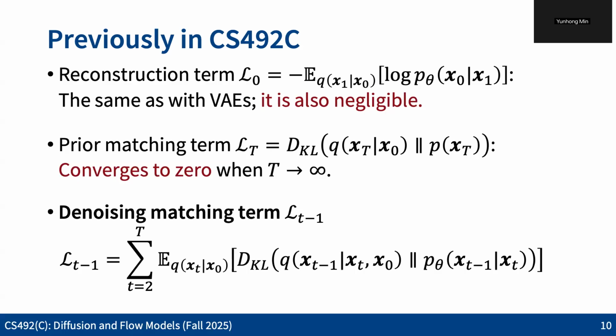That is the reason why we are defining the forward process in that way. So we can ignore this part and don't need to care about it, because it goes down to zero naturally by the definition of the forward process. The only thing that we need to care about is this part, right?